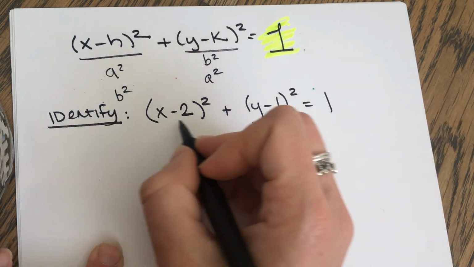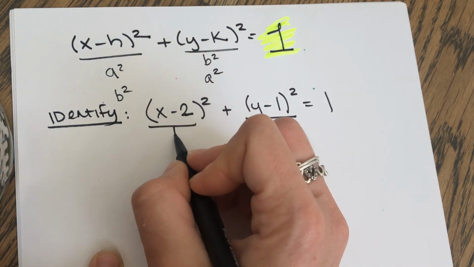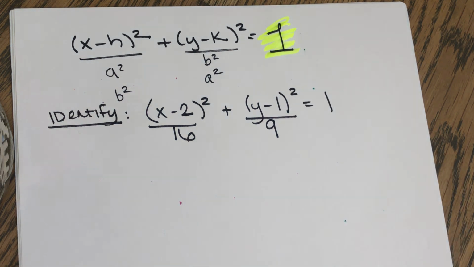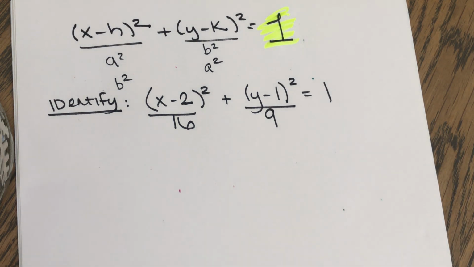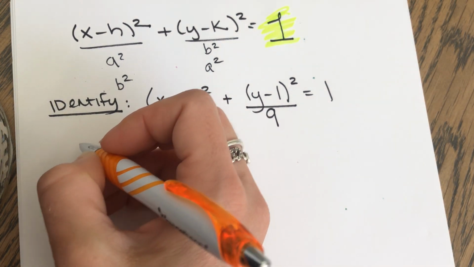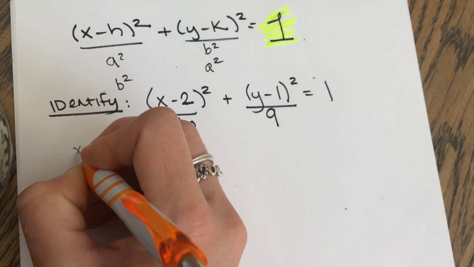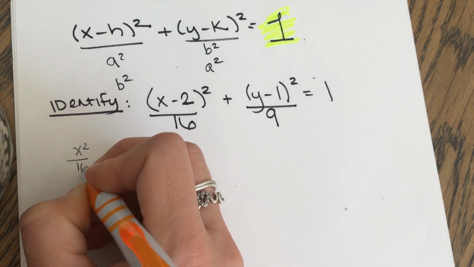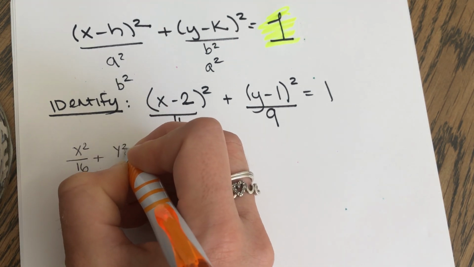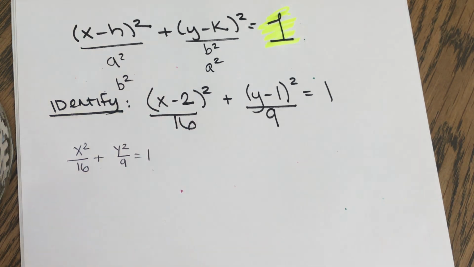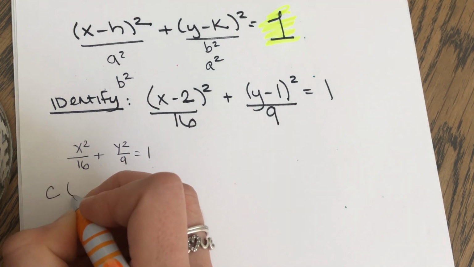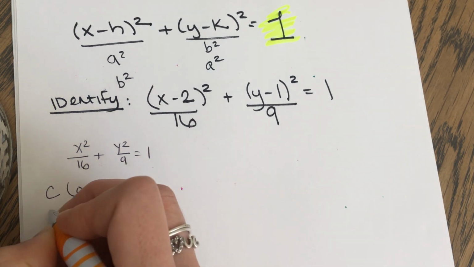Probably shouldn't have done the one at the origin, but it's okay. Remember, you should always go back to the original, so go to it before a shift. So let's rewrite it before we shifted it: x squared over 16, y squared over 9. There you go. Okay, so key points, center, 0, 0.